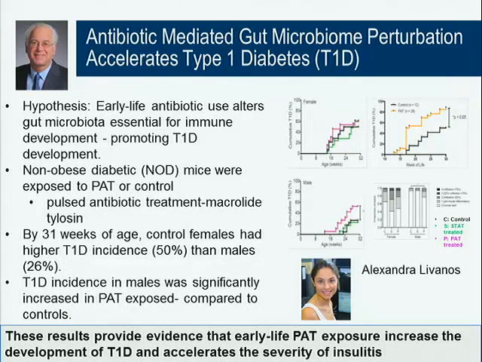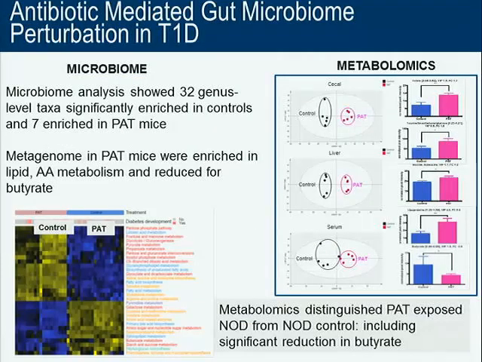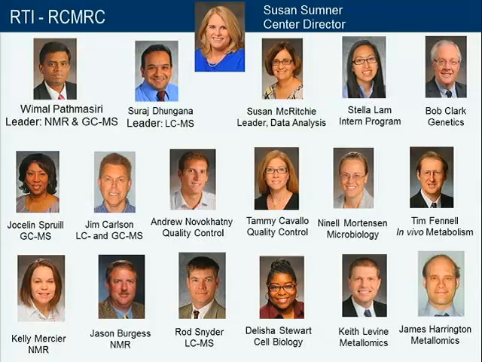But this particular one uses a pulsed antibiotic treatment, at a little higher dose. They also show that there is type 1 diabetes associated with the antibiotic treatment. They've looked at the microbiome, we've looked at the metabolome, and we've been able to correlate specific metabolites with their microbiome changes and the association with diabetes.